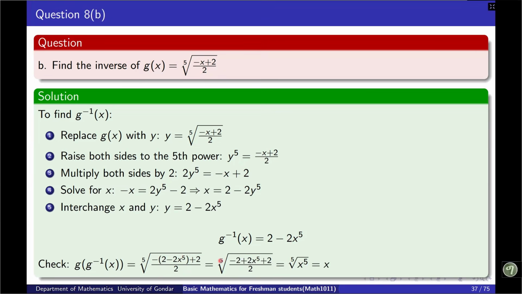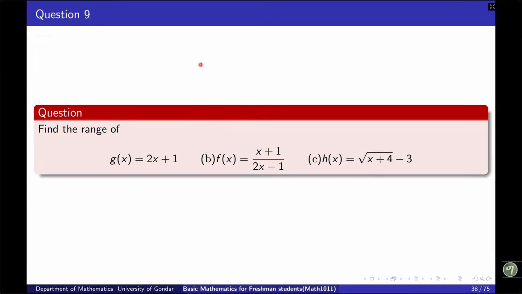Just after distributing, if we further simplify this, the fifth root of minus 2 plus 2, this over 2, and 2 plus minus 2 is already 0, so we are left only with the 2s, which can be cancelled by this one, the fifth root of x to the power of 5, which is equal to x. So exactly, g inverse of x is equal to 2 minus 2x to the power of 5, which could be the inverse of g of x, which is given here.